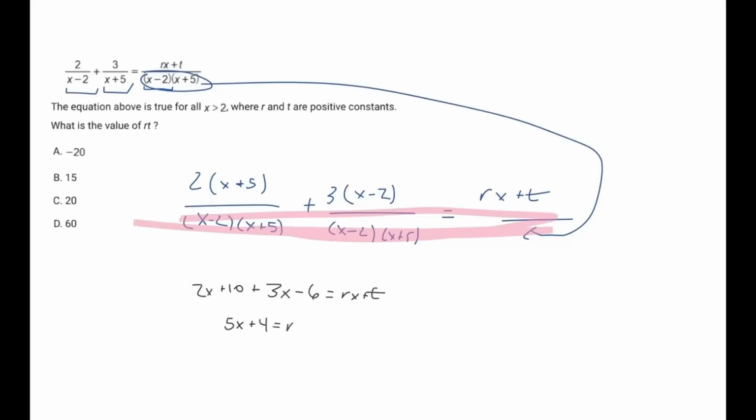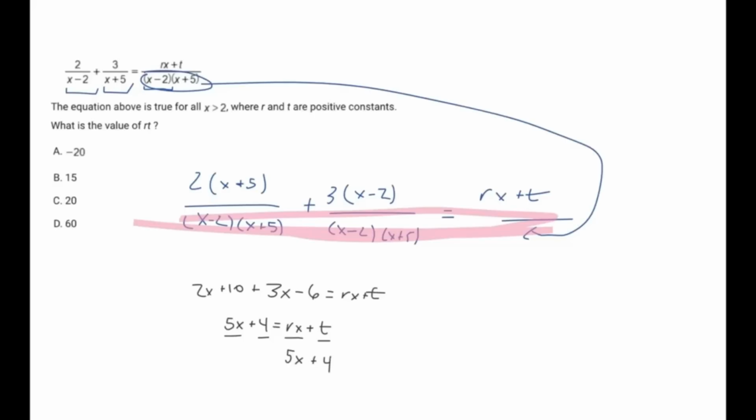So if we look at this, what you'll find is that on the left side, we have an x term and a constant, right? On the right side, we also have an x term, Rx, and a constant t. So in our case, for r, we can just substitute in 5, right? So if r is 5, we get 5x. And if t is 4, we get 4.